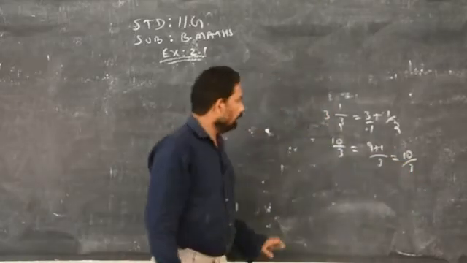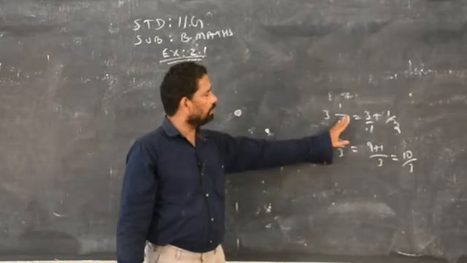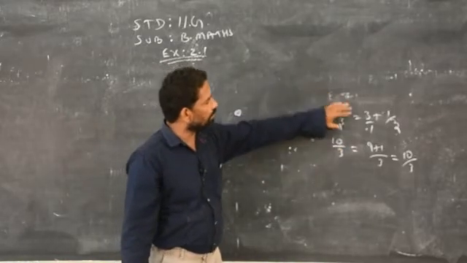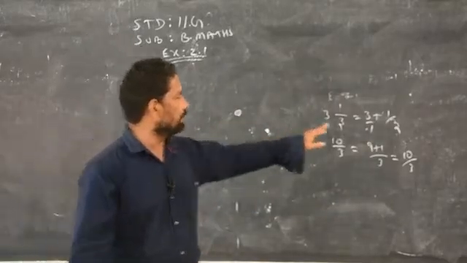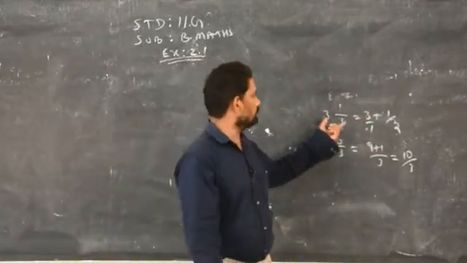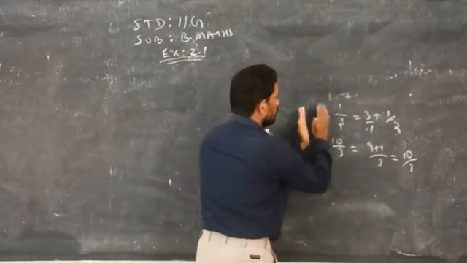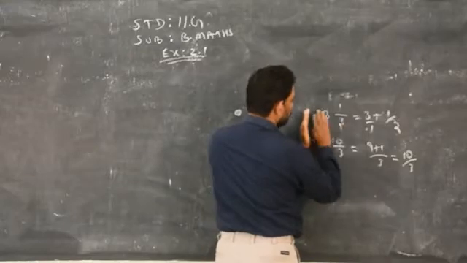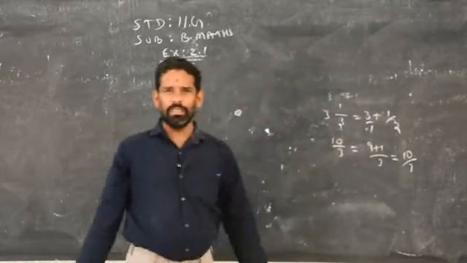Therefore, we are able to rewrite the mixed fraction as an expression in terms of plus or minus. See, I expressed this mixed fraction in terms of plus. I separated the improper fraction into two terms, 3 plus 1 by 3.